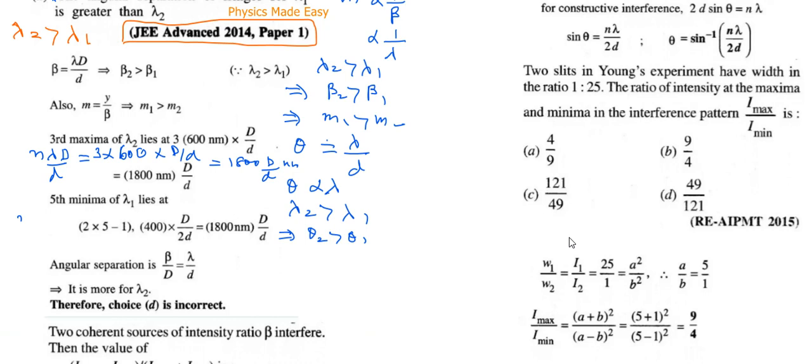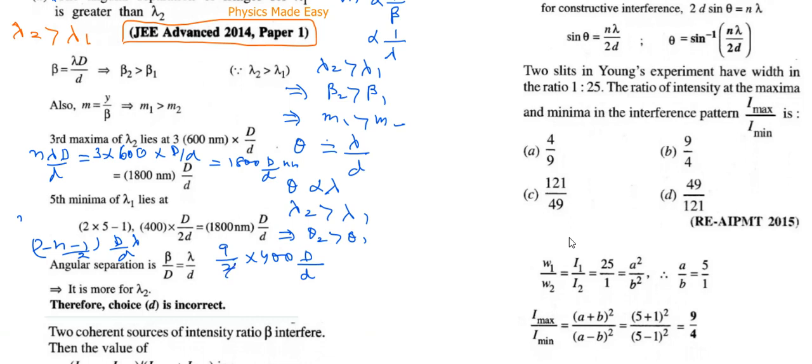In this case, the condition for minima is (2n minus 1) by 2 into D by d into lambda. So lambda is 400, we don't want to change it. Now this is 2n, n is 5, so 5 into 2 is 10, minus 1 is 9. So I have got 9 by 2 into 400 into capital D by small d.